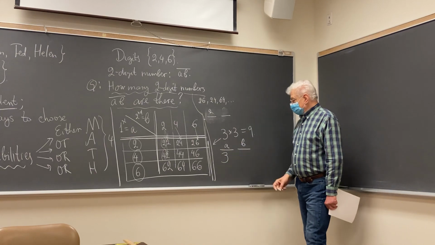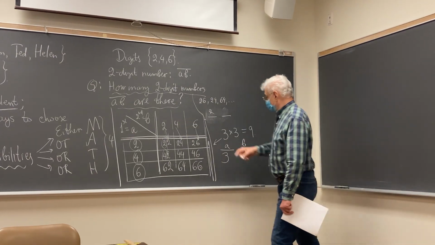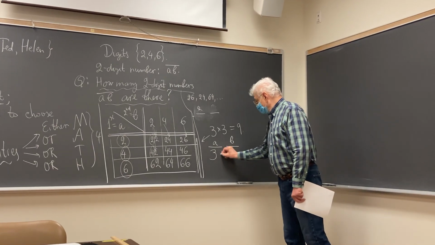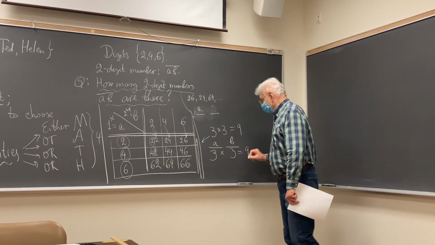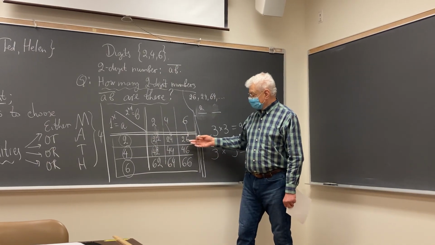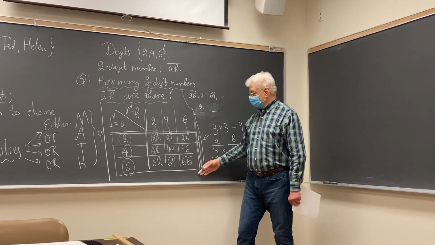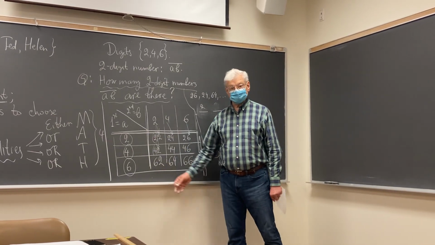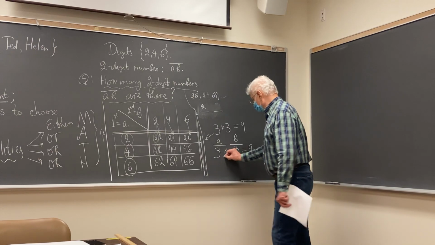To pick the other one, you also have 3 possibilities. After that, you multiply and you get 9. And why do you get 9? It's just the area of this rectangle with sides 3 and 3. Total will be 9. That's why we multiply.